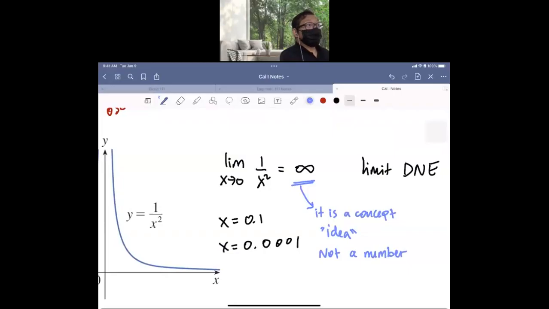Although it describes a really large amount of numbers, it doesn't exactly say it's a number. It's just an idea that it will be a really, really huge amount, and you will not be able to restrict how much it is. That's the idea of infinity, and that's why we use the infinity symbol.